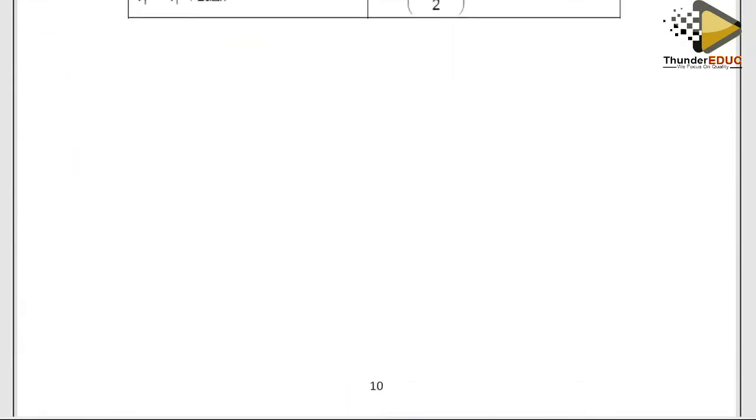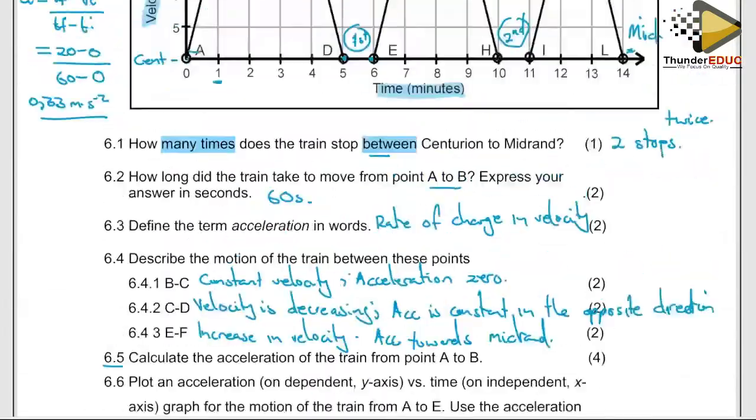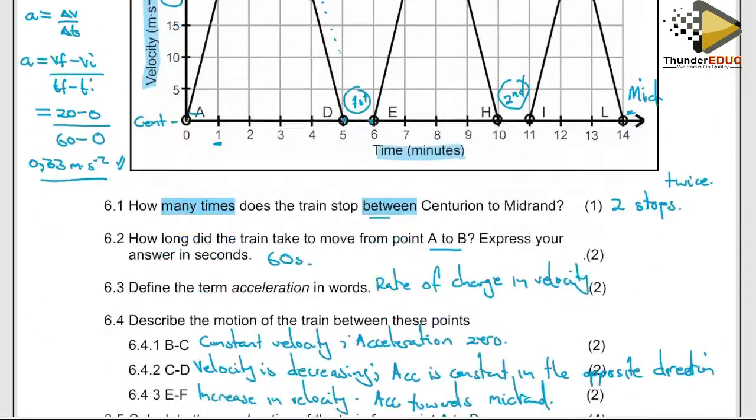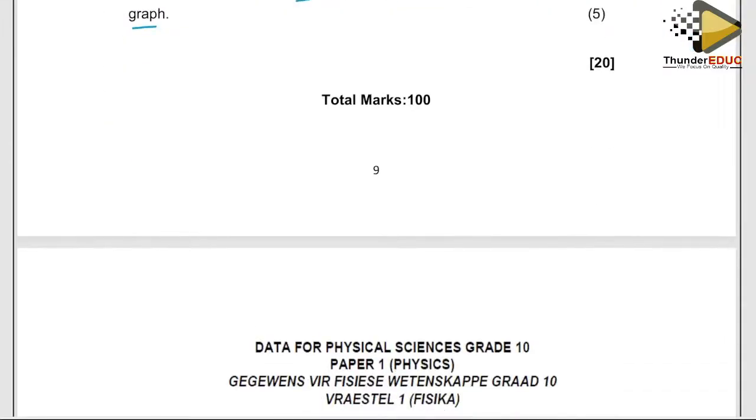So from 0 to what? Let me go back up. This is the maximum acceleration that I'm having, which is 0.33.